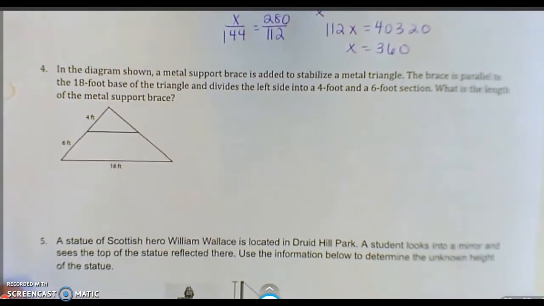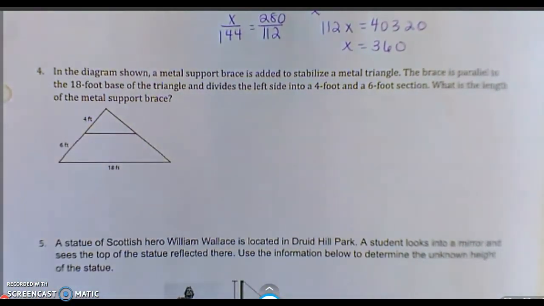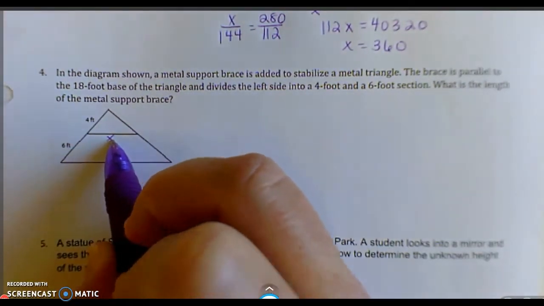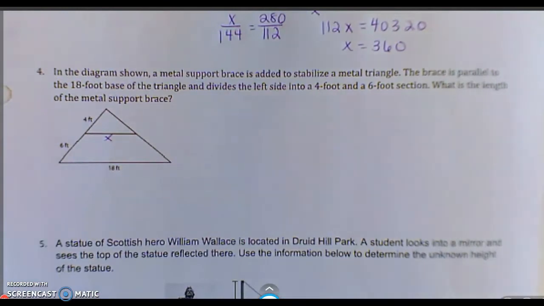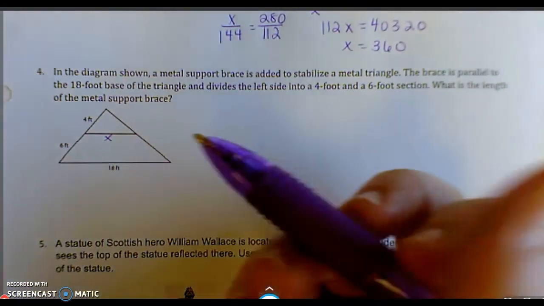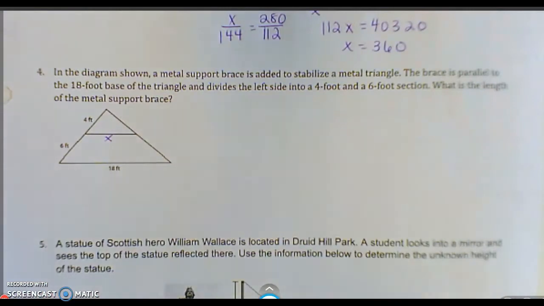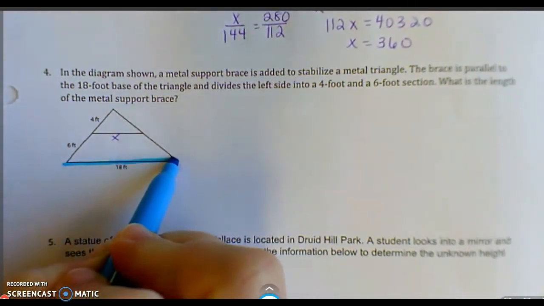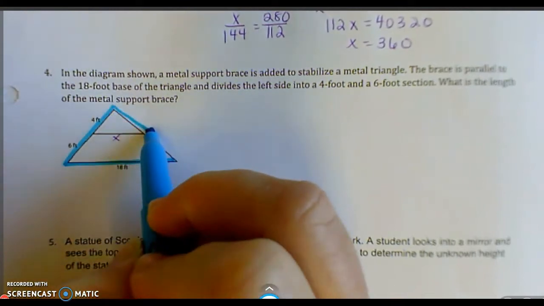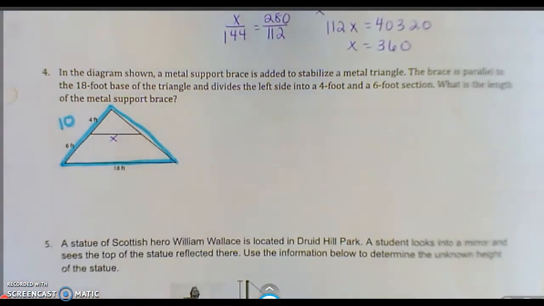Okay, number 4. We've got a diagram on this one, which is nice. A metal support brace is added to stabilize a metal triangle. The brace is parallel to the 18 foot side, so this is the brace it's talking about right here. And it divides the left side into a 4 foot and a 6 foot section. What is the length of the metal brace? Because I'm looking at the whole base here, I'm going to have to look at the whole triangle, which I know has this side as 10, because 4 plus 6 is 10.